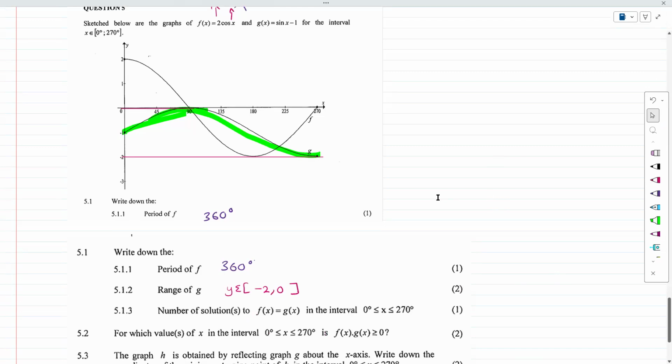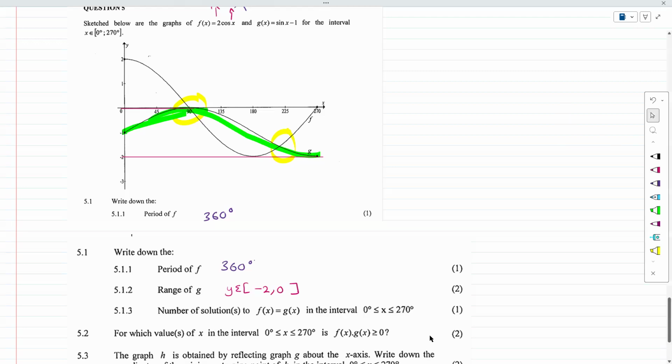Now they want the number of solutions. They don't want anything else. I want you to pay attention. They want the number of solutions where f of x equals g of x. The only time f of x can equal g of x is when the graphs are touching. So you don't even have to calculate the x because they didn't want the x. If they wanted the x, it would be 90. And this value is around 225, but it's not.